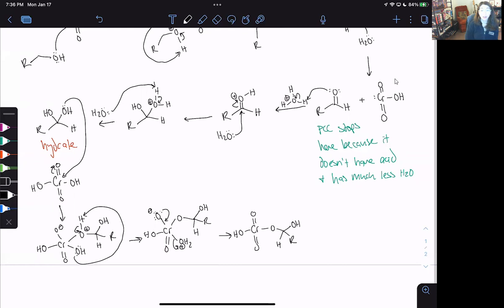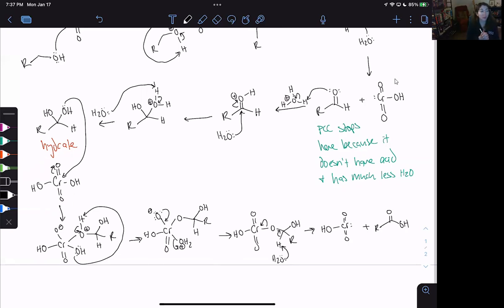We still have another H there. So we can have our water come in, grab the H, make a new pi bond, give electrons to the chromium. So now the chromium has been reduced, it has gained electrons, and we have made a carboxylic acid.